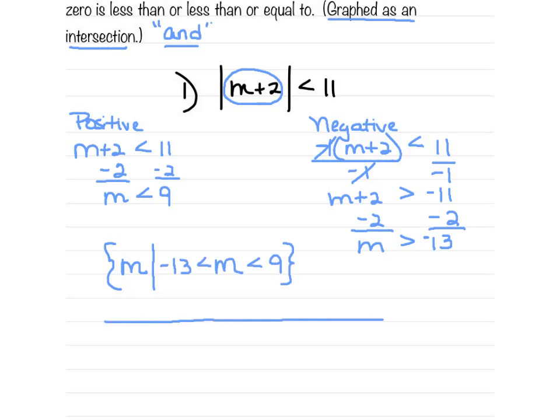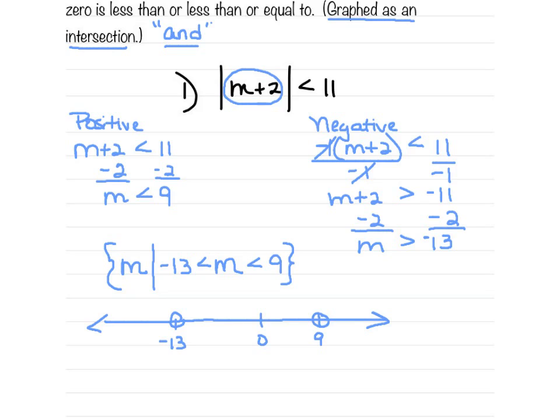And here's how we'd graph that. So let's say 0 is about here. We'll have positive 9 there, -13 there. Open circles on both those numbers.